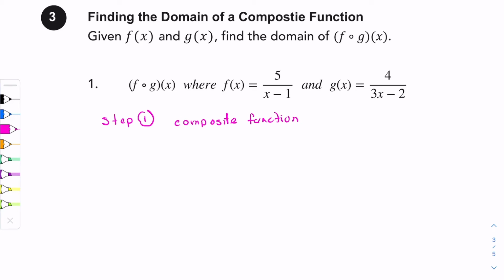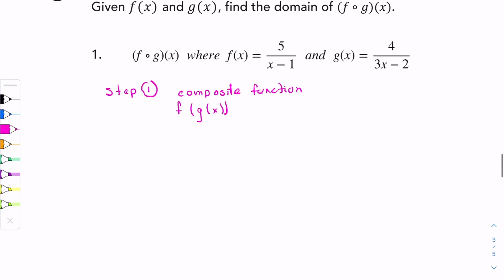The composite function is f of g of x. f of g of x indicates that g of x is the input or the inside function. That means we're going to be evaluating f at the g of x function, which is 4 over 3x minus 2.